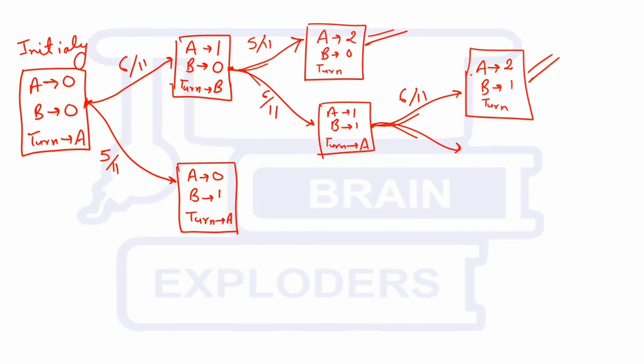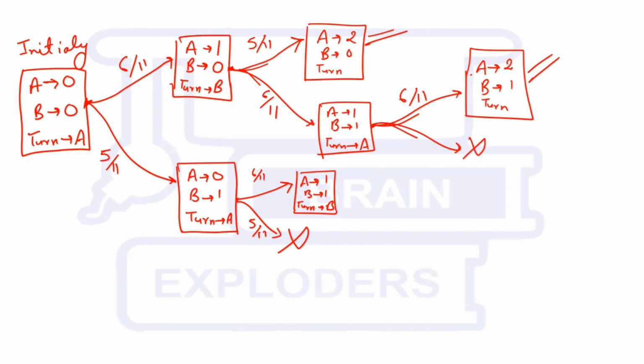Since A is starting the game, there are again two possibilities. One with the probability 6 by 11 that A will score a point, and the turn will be of B, and with the probability of 5 by 11 that B will score a point, and we will not take that into consideration, because in that case B will win the match.